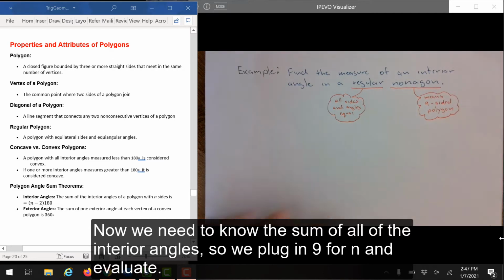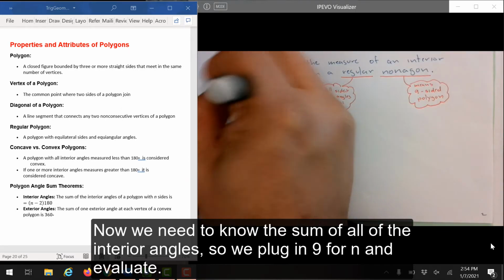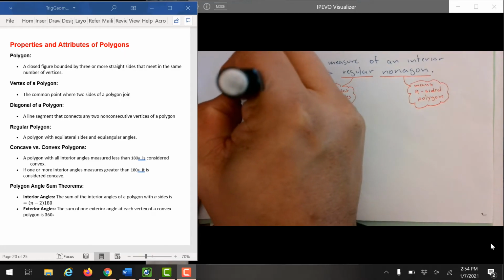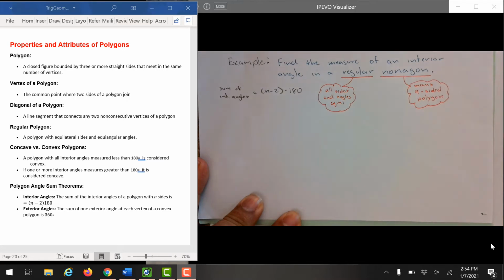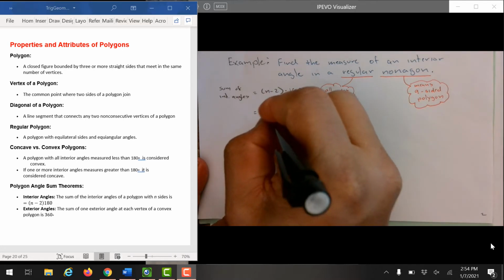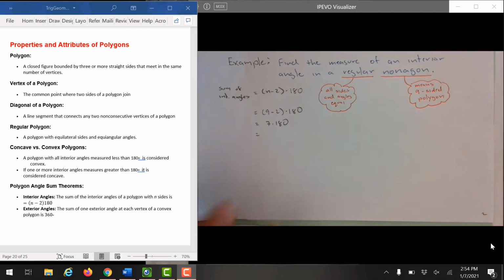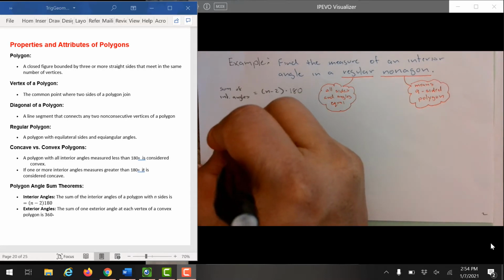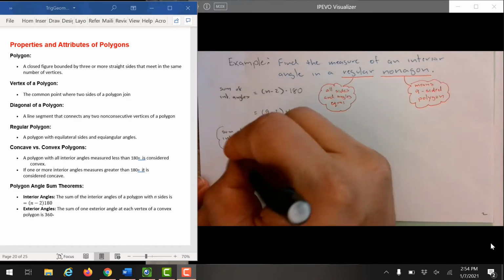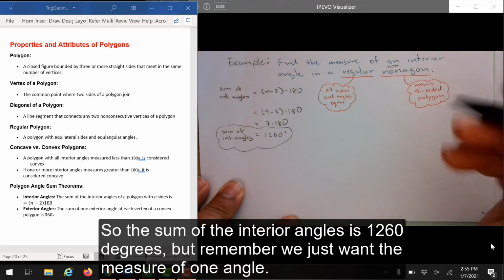Now we need to know the sum of all the interior angles. So we plug in 9 for n and evaluate. So the sum of the interior angles is 1260 degrees.